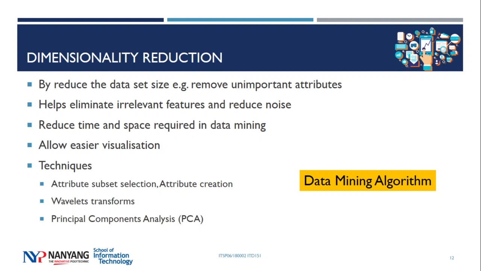So wavelet transforms and PCA are data mining algorithms. Another thing that we would like to share here is that when we do data mining, what we want to do is to be able to identify patterns and establish relationships. So how does data mining work? There are various analytical software available. They use statistical, machine learning, and neural network approaches.